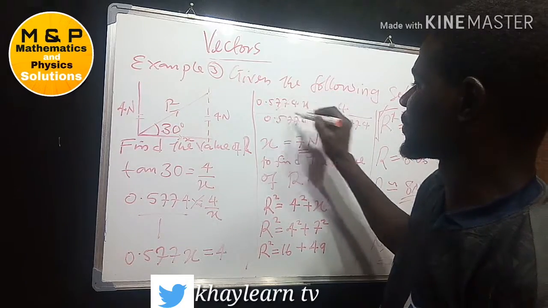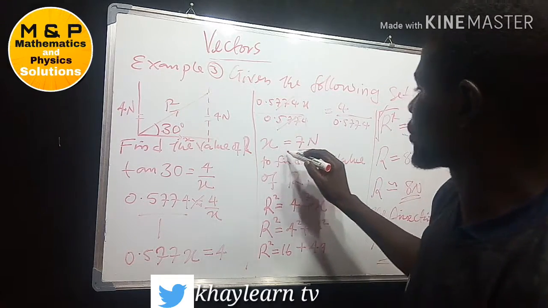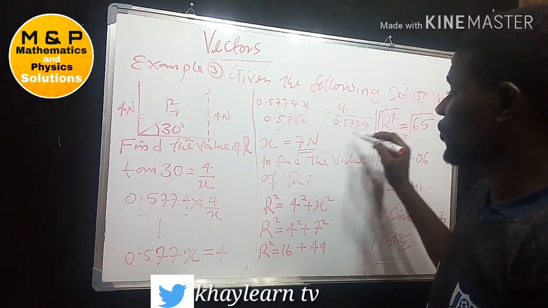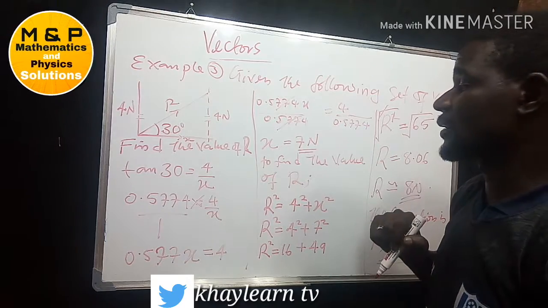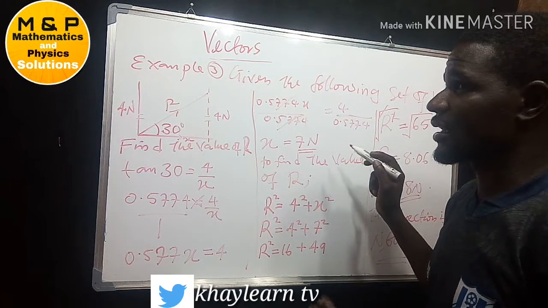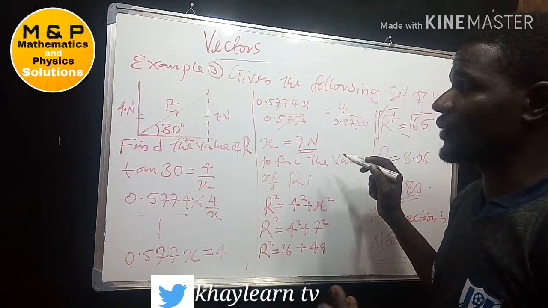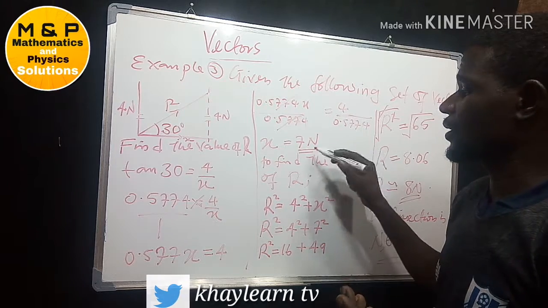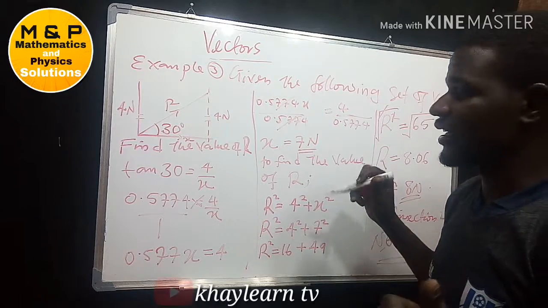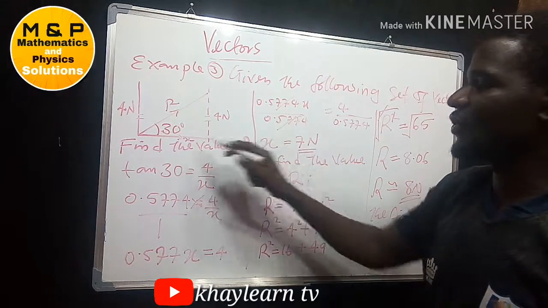You cancel this, goes with this. Now x equals 4 divided by 0.5774, which is approximately 7 Newton. It's supposed to be 6.92923, I think. So x is approximately 7 Newton. That is the force acting along the x-axis.